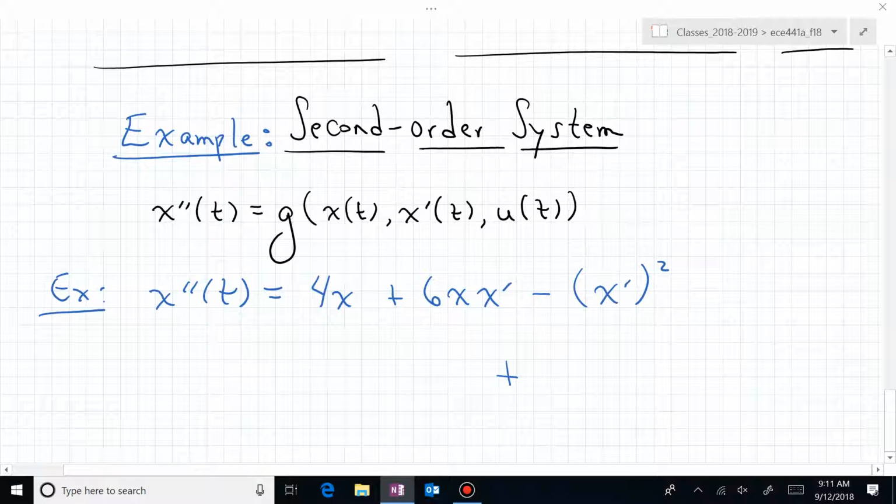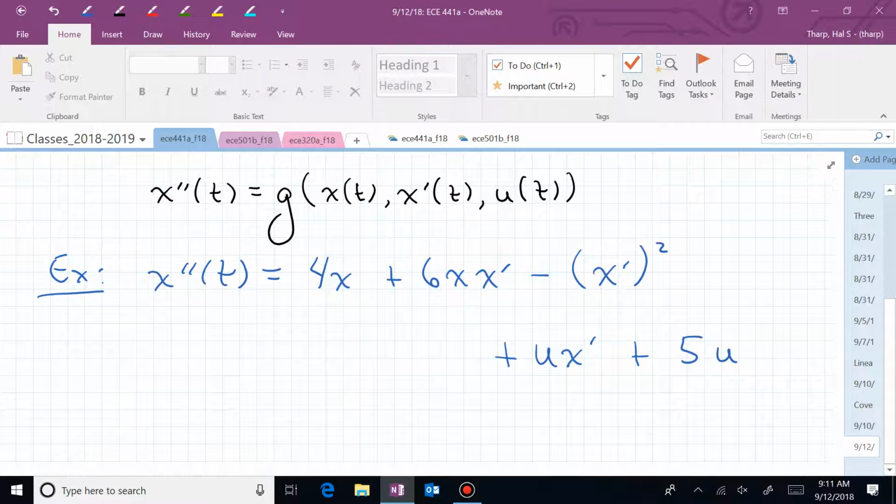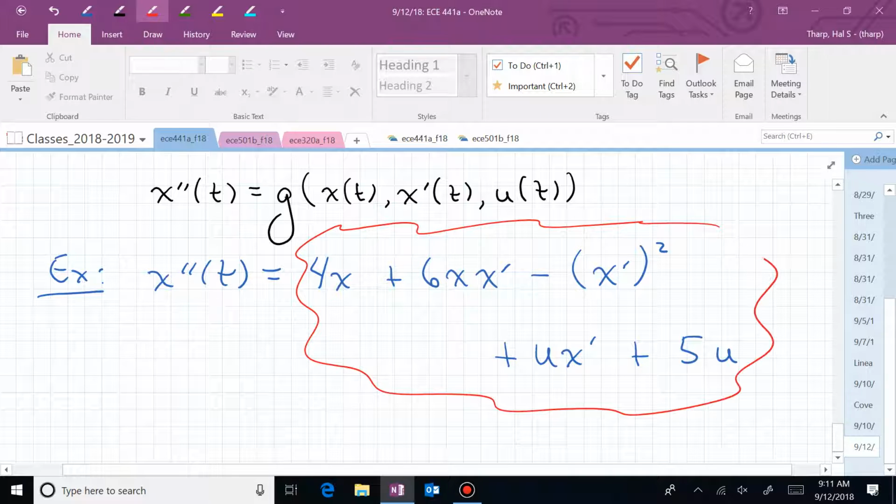This is still on the right-hand side, plus u x prime plus 5u. All of that is our nonlinear right-hand side that I've labeled G up above.